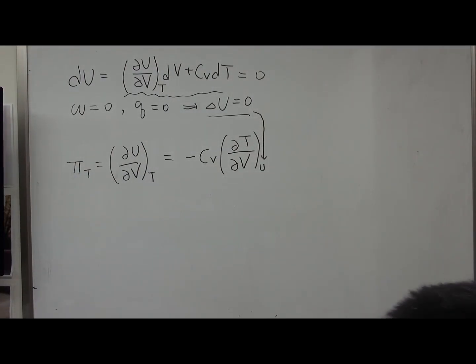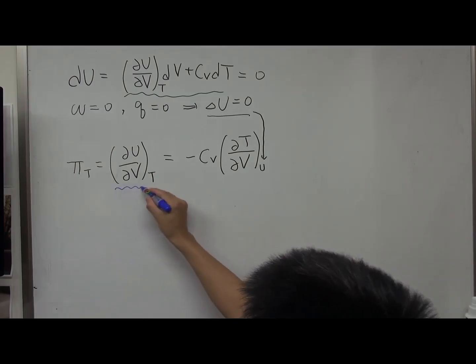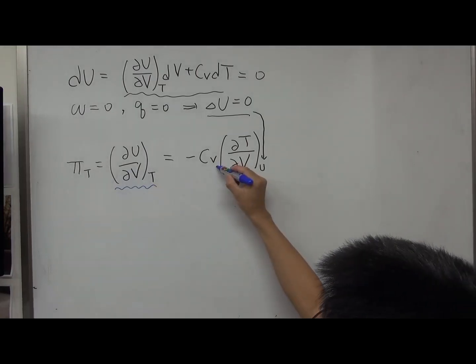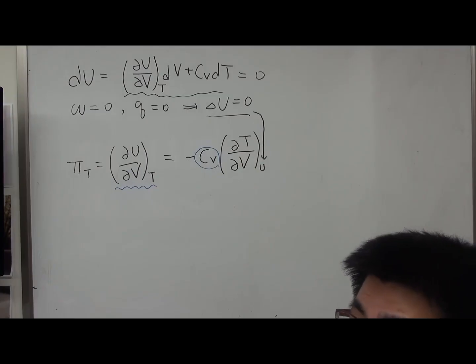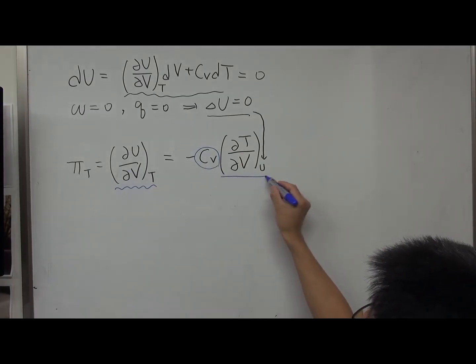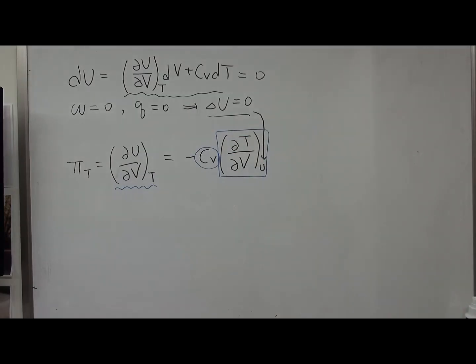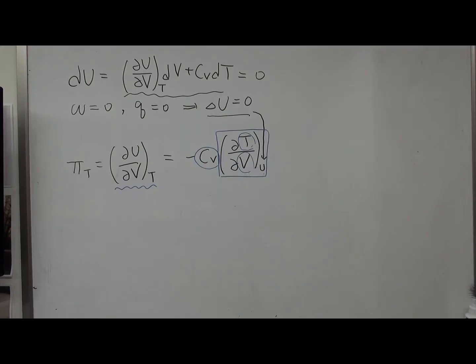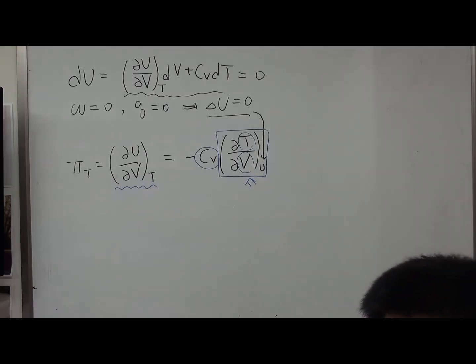So, if you want to know this, you can determine it if you know the heat capacity and this. What is this? At constant internal energy, you measure temperature change as a function of volume. That's what Joule tried to measure, right? He tried to measure temperature change as he does expansion. So if you can measure this, you can determine the internal pressure of a real gas.